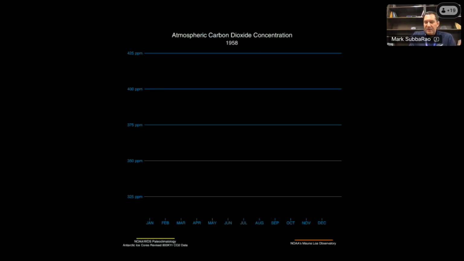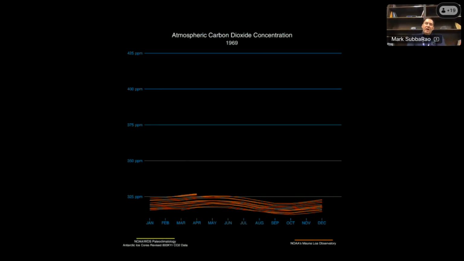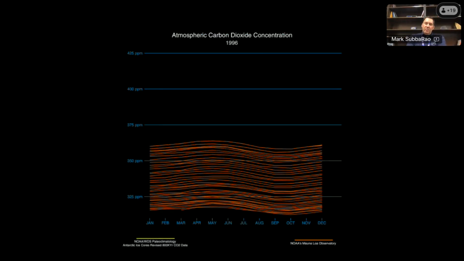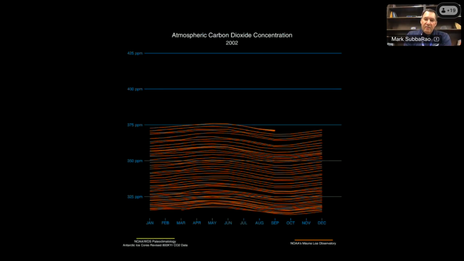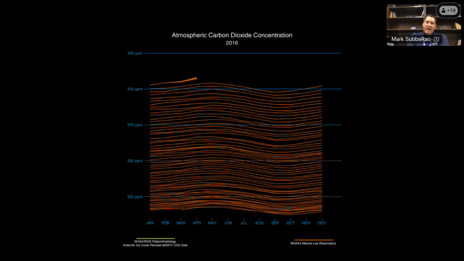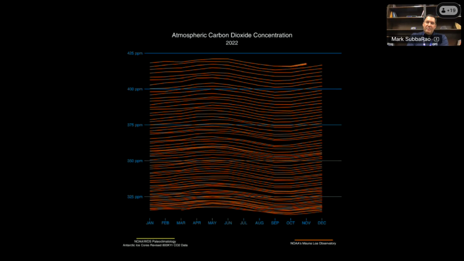Here's another example of these kinds of graphs. How do I make this graphical data more interesting? This is a different way of representing the Keeling curve. This is our record from Mauna Loa of carbon dioxide, and NOAA's record. You see the buildup year over year. You see the little wave, which is the seasonal variation.